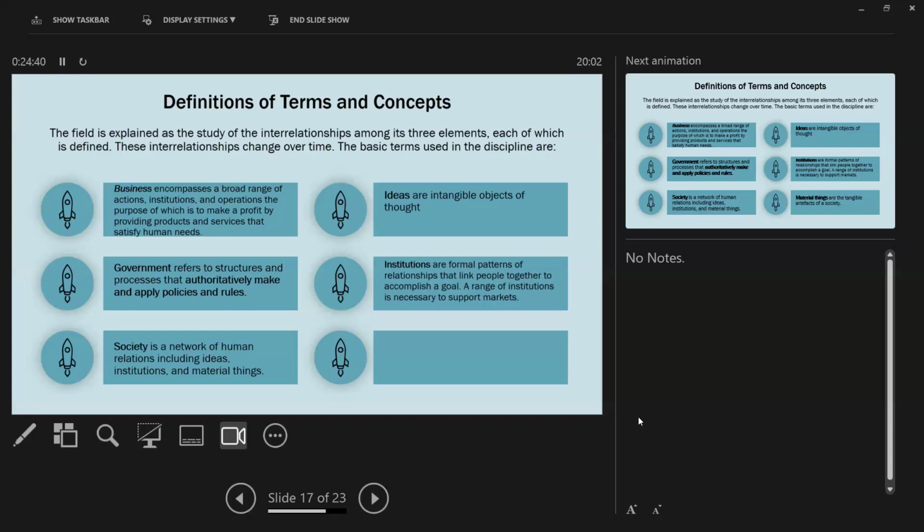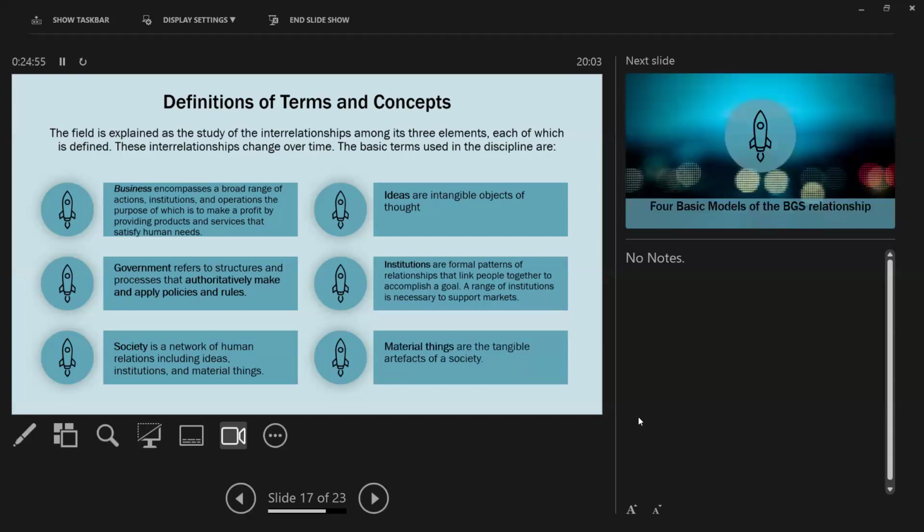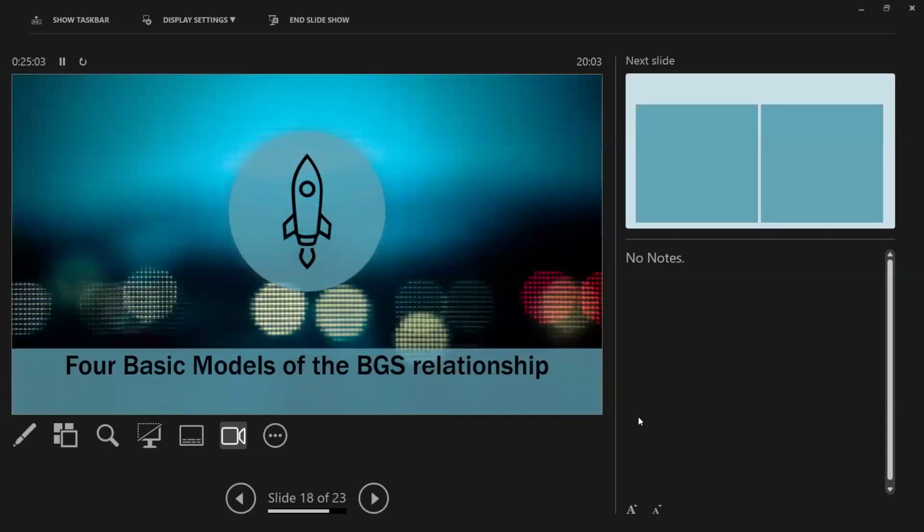Institutions are formal patterns of relationships that link people together to accomplish a goal. A range of institutions is necessary to support markets. And then there are material things that are tangible and artifacts of the society. So basically, these are the definitions of terms and concepts.